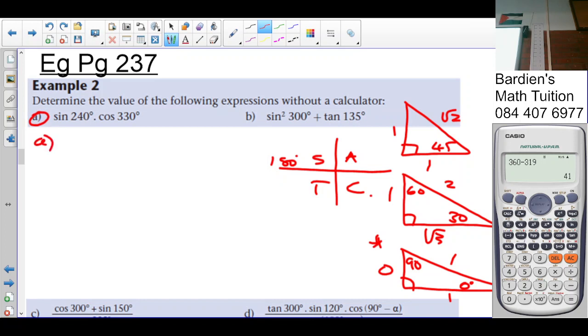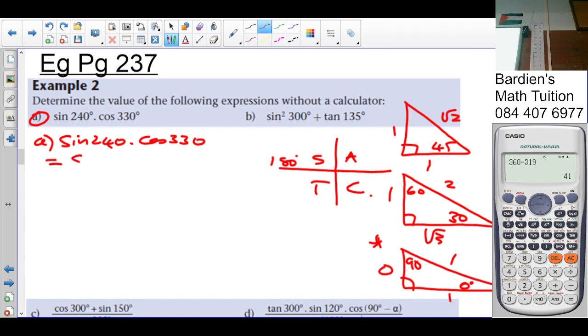You've got sine of 240 degrees times cos of 330. The question we should ask ourselves, in which quadrant do we find 240 degrees? Third quadrant. How do we get into the third quadrant?